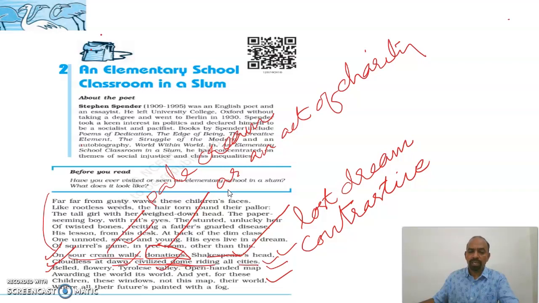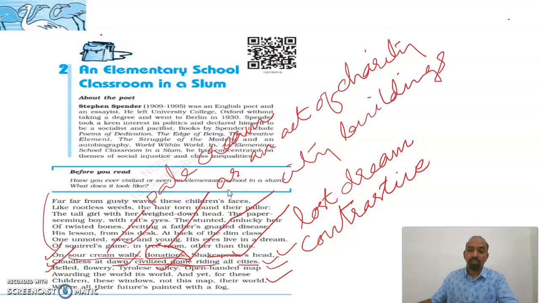Civilized dome here means the city buildings. The city buildings, sometimes with half arched or half circled tops, like that. They are there. And build flowery Tyrolese valley.